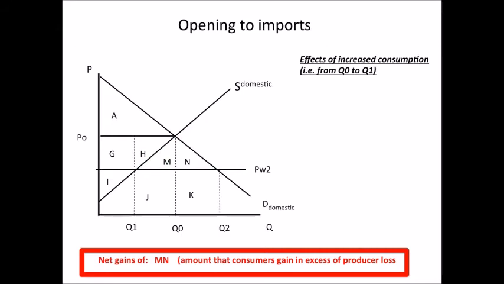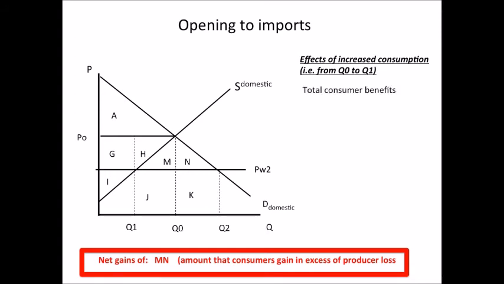So we have an increase of consumption from Q0 to Q2. The PowerPoint says Q1, but it's an increase from Q0 to Q2 in terms of domestic consumption.